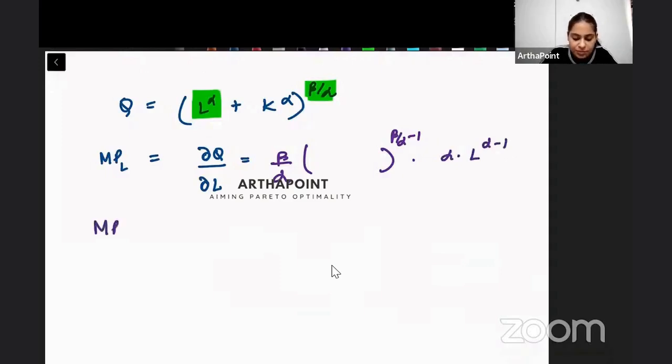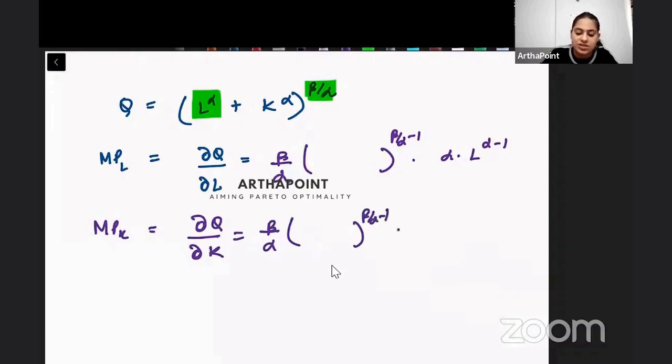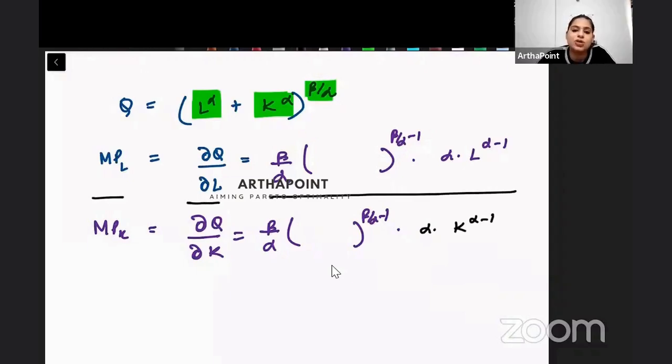Do MPK. This will be how Q changes as K changes. Again, the power will come down, whole to the power β/α minus 1, into differentiation of this, so α K^(α-1). I'm just applying basic chain rule. Now when you do MPL by MPK, you just divide these two things.